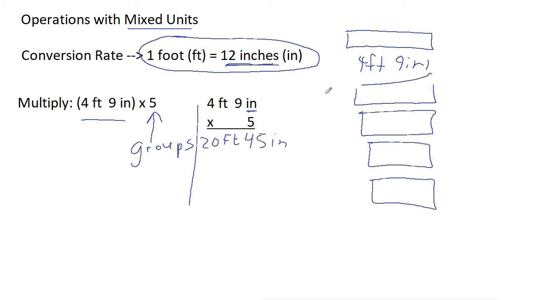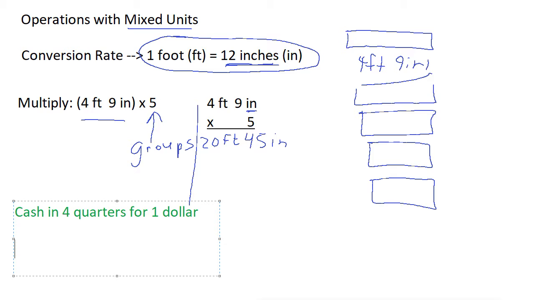But now, just like with addition, I'm thinking to myself that, well, just like I can cash in 4 quarters for $1, in this case, I can cash in 12 inches for 1 foot. And if you want, you can do that.